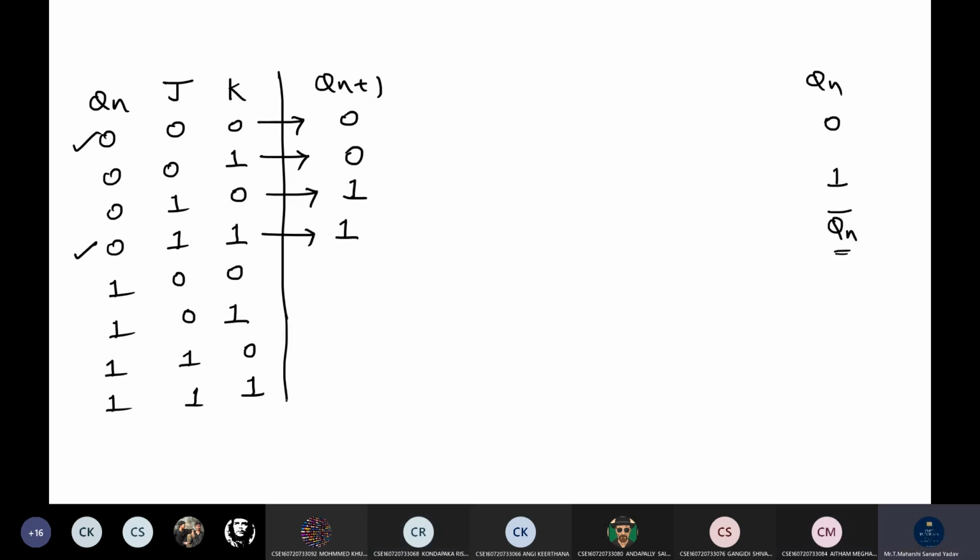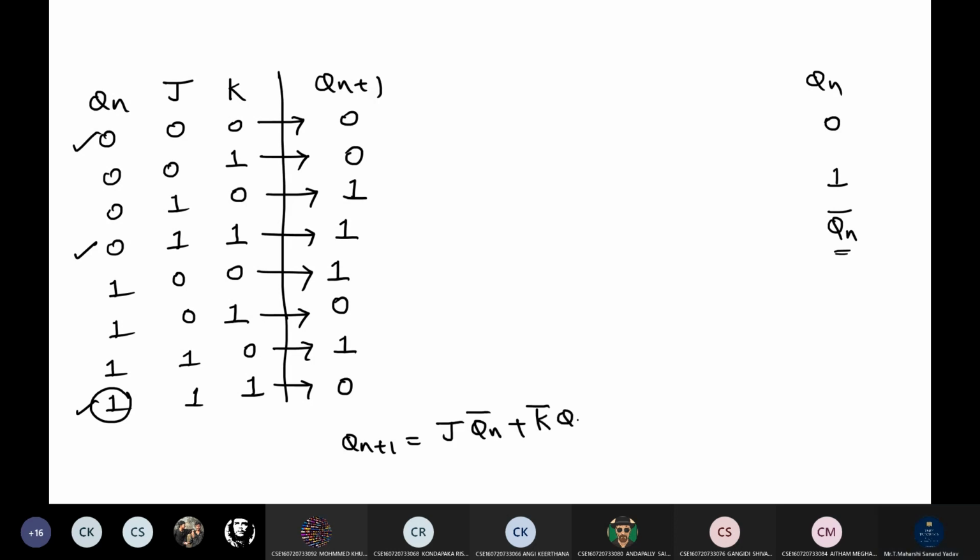Next, 0, 1. 1, 0. So simply take the complement of this one here. And if you do the K-map, you will get the characteristic equation. What is the answer? Qn plus 1 is equal to J Qn bar plus K bar Qn. This is the characteristic equation of JK.